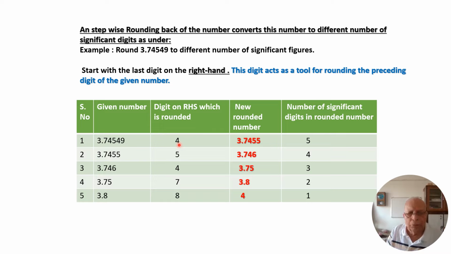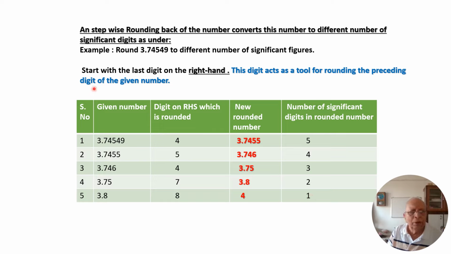You find here in the fourth column 1, 2, 3, 4, 5. The total number of digits in the number chosen is 6. We can round it to 5 digits, 4 digits, 3 digits, 2 digits and 1 only.